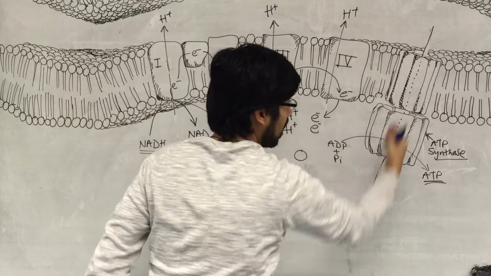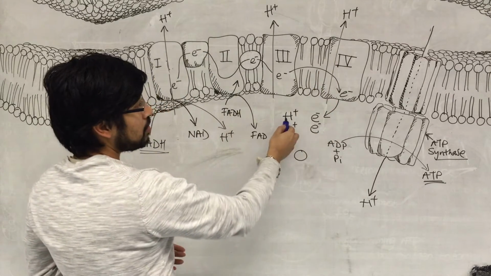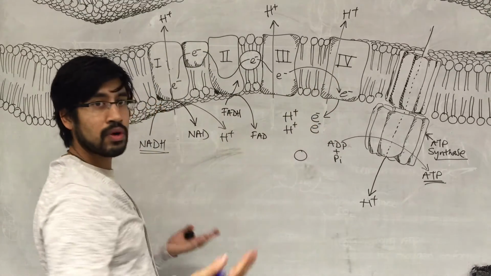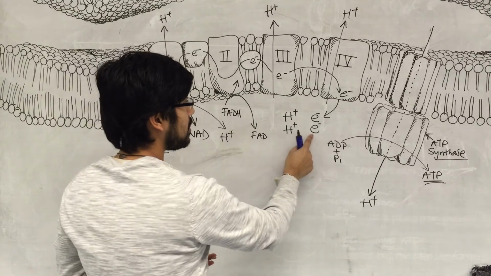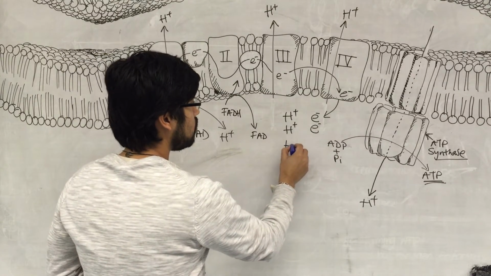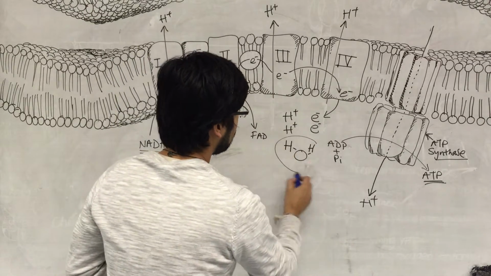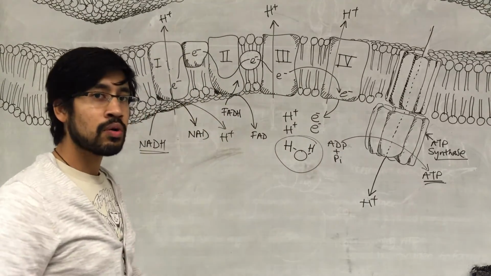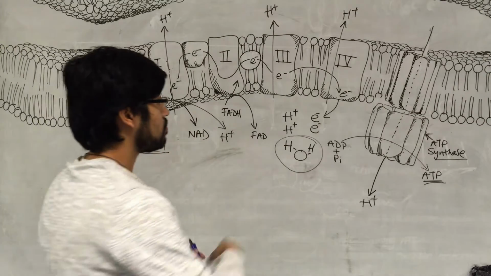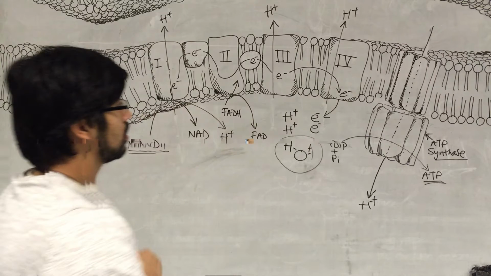As well as that, they're coming through the ATP synthase, aren't they? So proton plus electron, hydrogen. Proton plus electron, another hydrogen. 2 hydrogens and an oxygen, H2O, water. Beautiful.